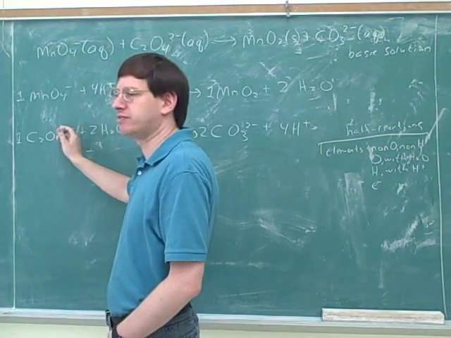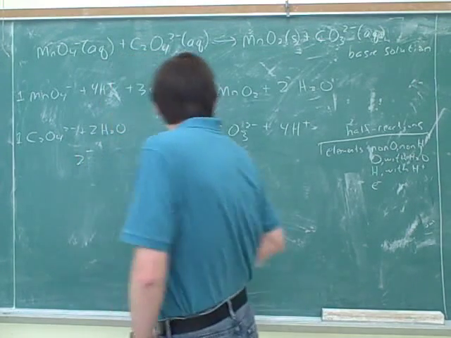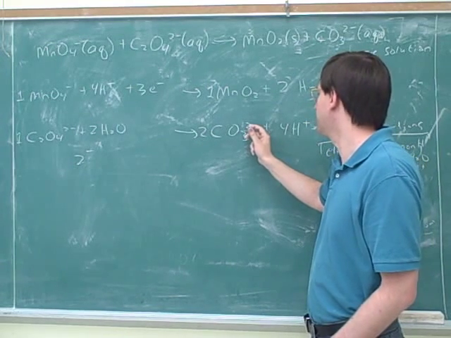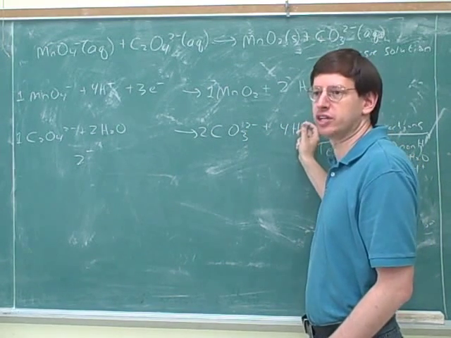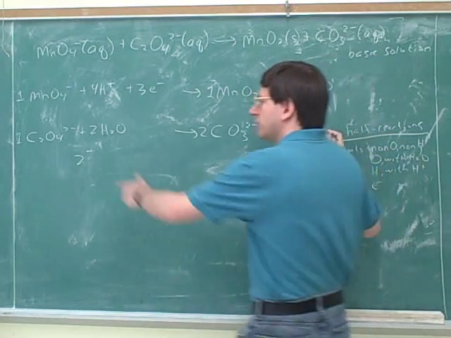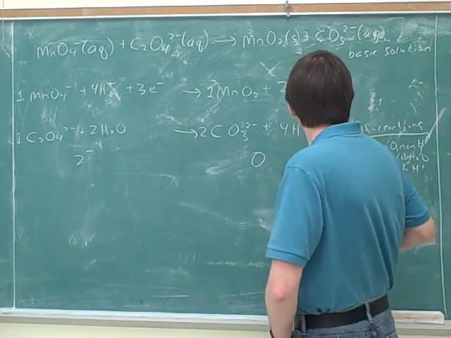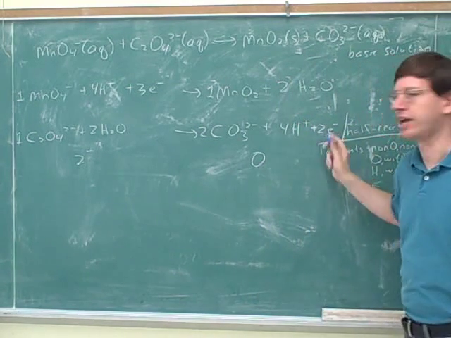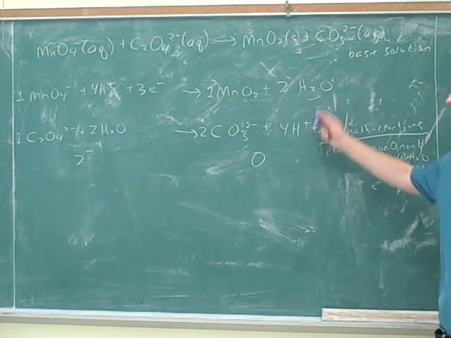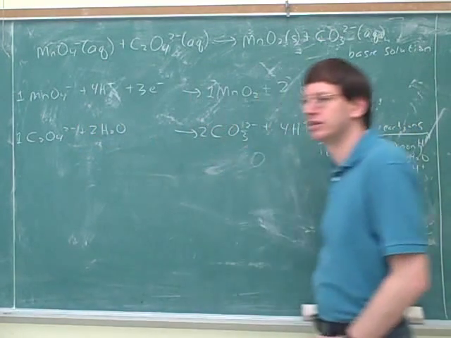Because 1 times -2 plus 2 times 0 is -2. And what's the charge right now on the right? Well, 2 times -2 is -4, plus 4 times 1 is 0. So we need to add a -2 here to balance this -2. So we add the 2 electrons over here. All right, and again, this is the step I think where it's easiest to make mistakes. You really have to double check yourself. Good.